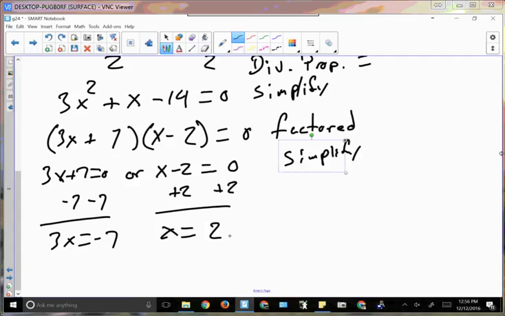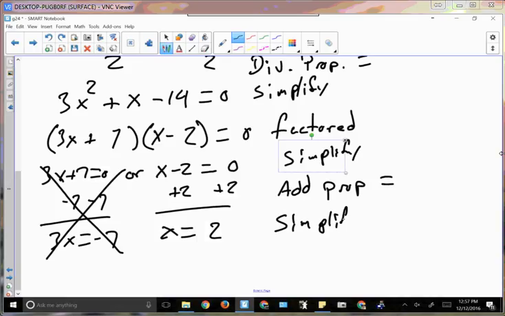But I have a question for you. Is it possible for something to be negative in distance? Can distance be negative? No. So this one here doesn't work. This one here does. 2. So x is equal to 2. Now again, here was the addition property of equality, and then a simplify. Okay? And that's it.